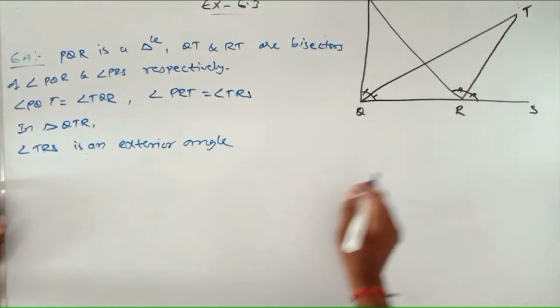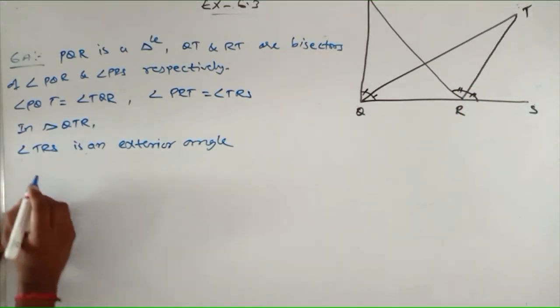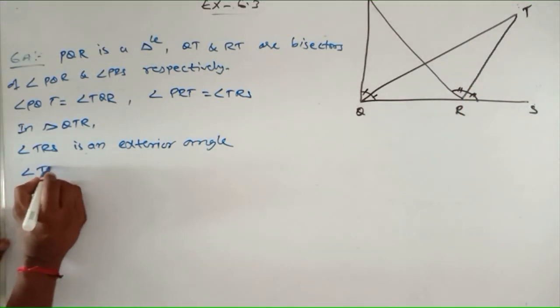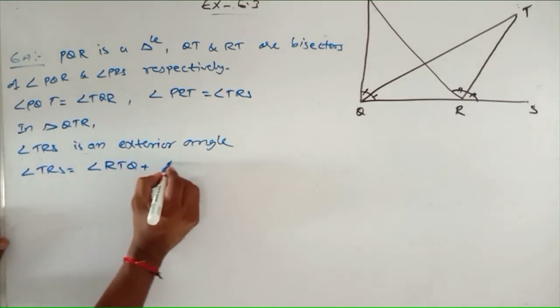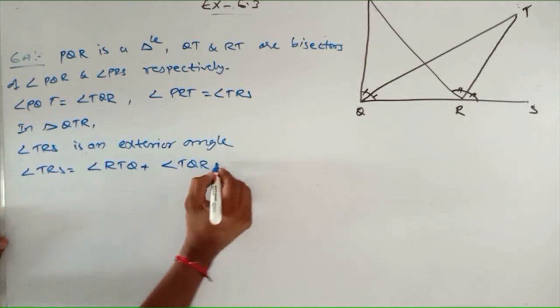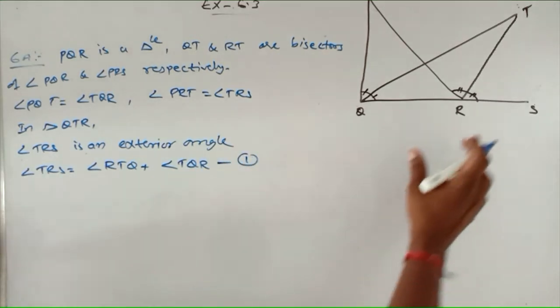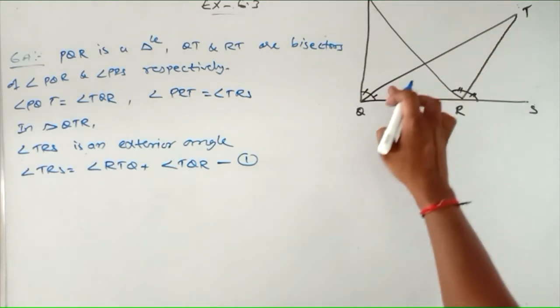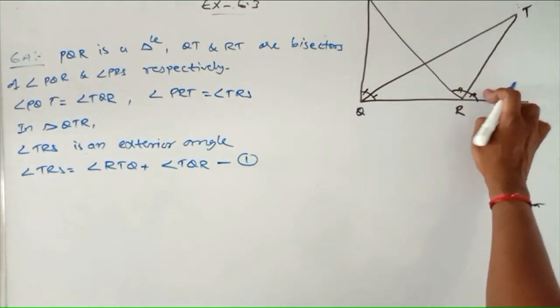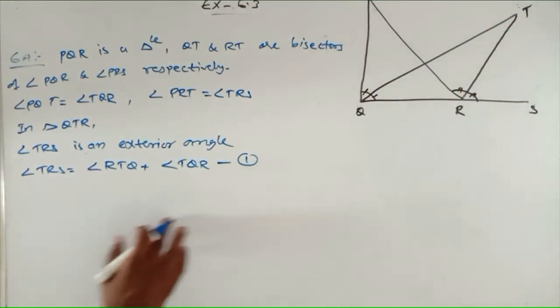An exterior angle is equal to the sum of the two opposite interior angles. That is, angle TRS is equal to angle RTQ plus angle TQR. This is the first equation I am taking. That means in this triangle, the sum of these two angles is equal to TRS.